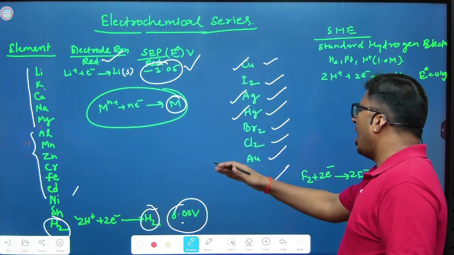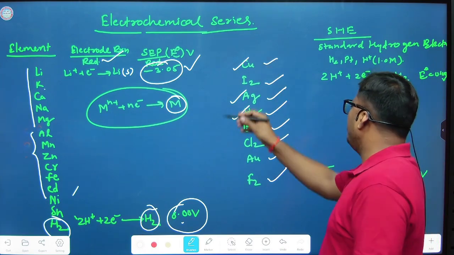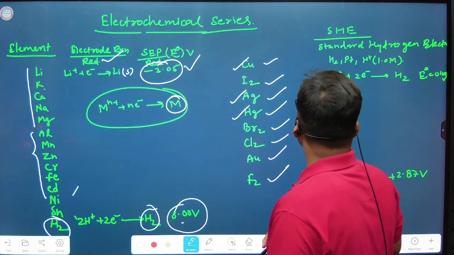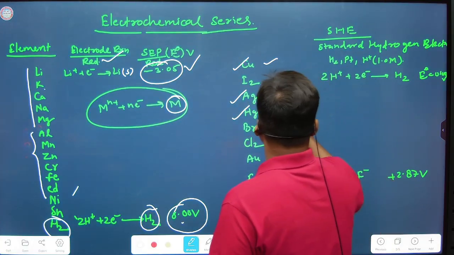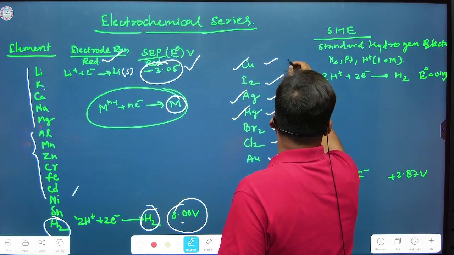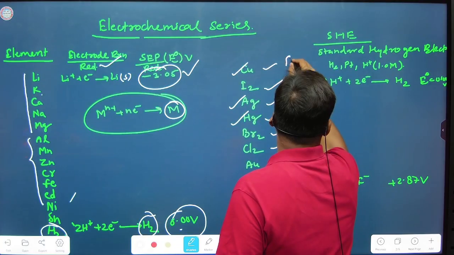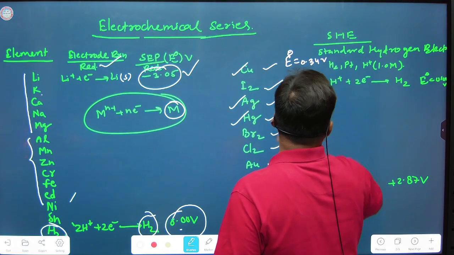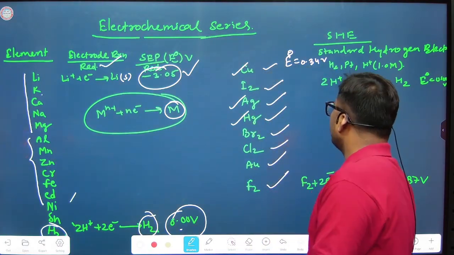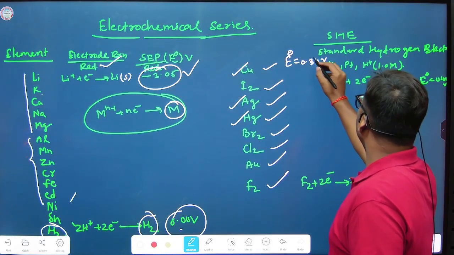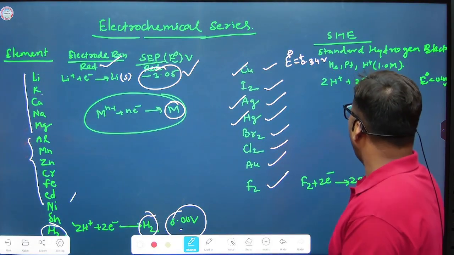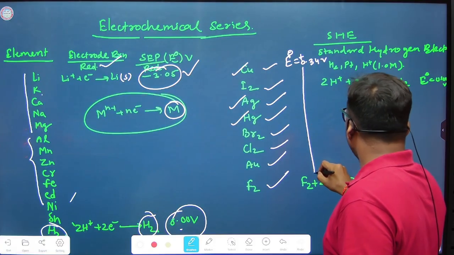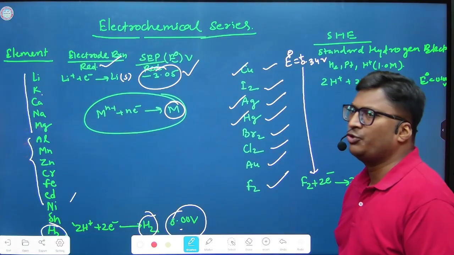And below the hydrogen, these are the elements which are present. For copper, E is 0.34 volt, right? For copper, the standard reduction potential is positive, and ultimately it reaches the maximum value for fluorine, right?